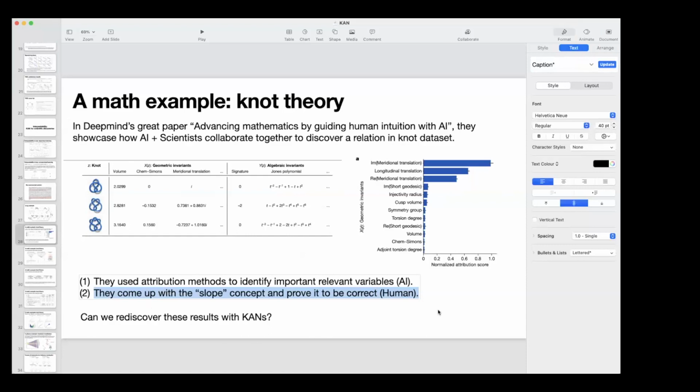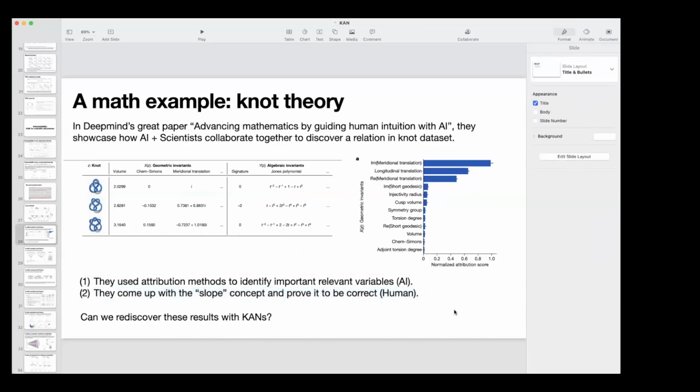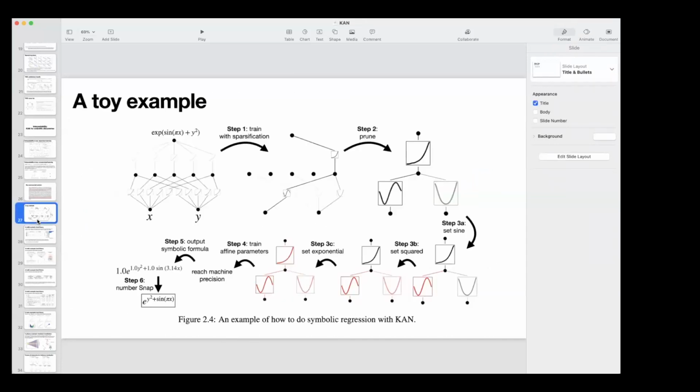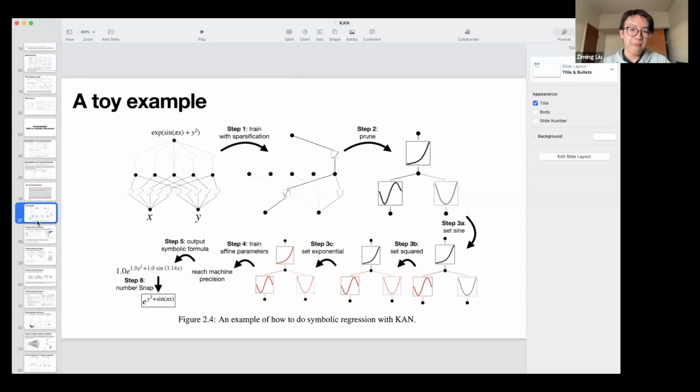Okay, so back to the first question. When you set up the multi-layer CAN, let's say for the intermediate layer, the number of variables, are you just picking? You said you depend on your hunch, but the number of variables, when you interact with, let's say, the second layer CAN, and then the third layer CAN.